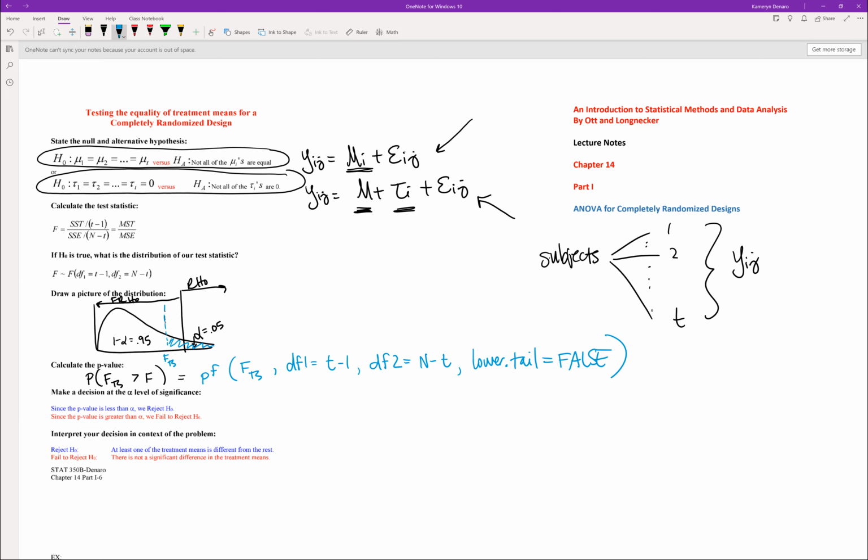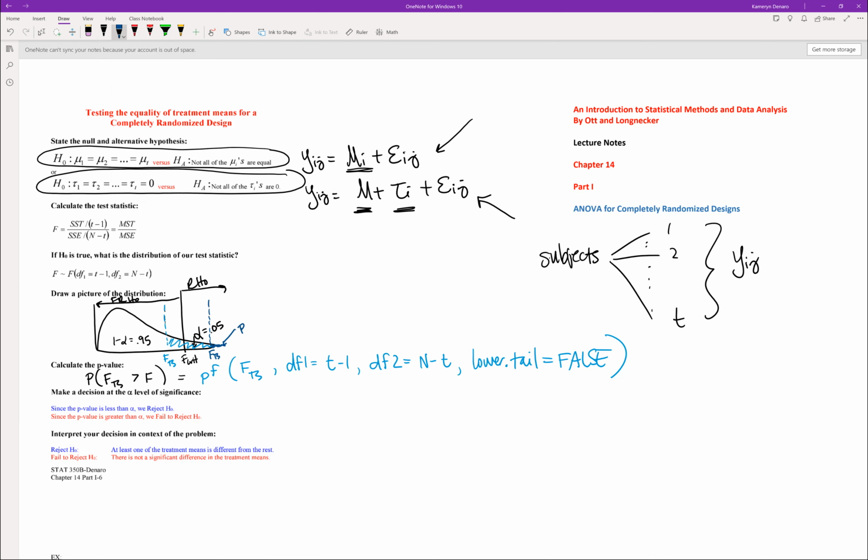In general, if our p-value is less than alpha, that means that our test statistic is very large. Let's choose another color. Suppose my test statistic was beyond my critical value, then the associated p-value is going to be very small.